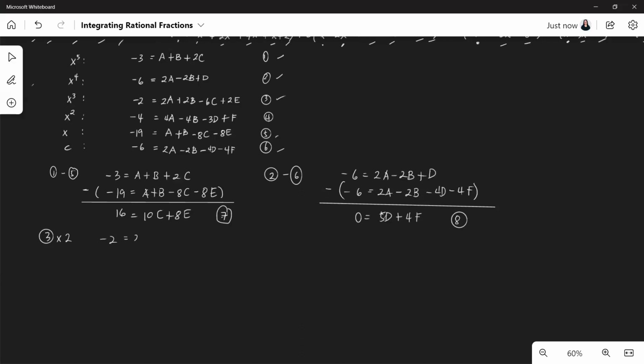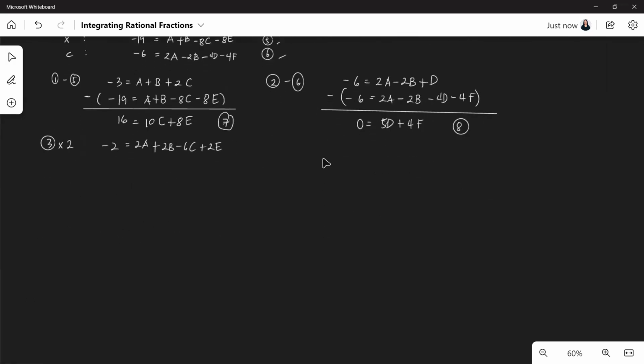Negative 2 equals 2A plus 2B minus 6C plus 2E. Times 2, that becomes negative 4 equals 4A plus 4B minus 12C plus 4E.